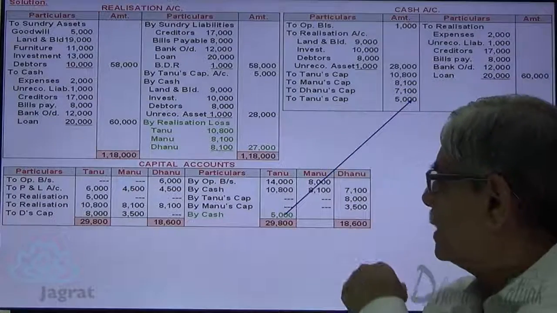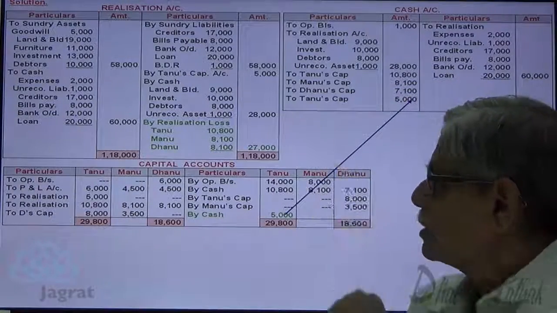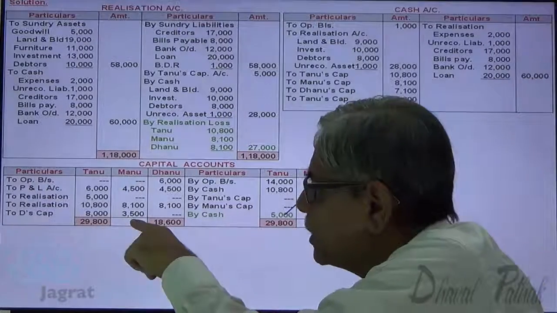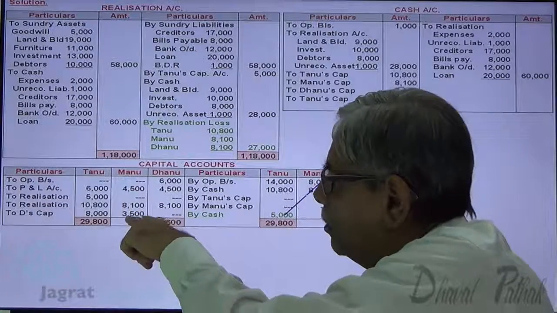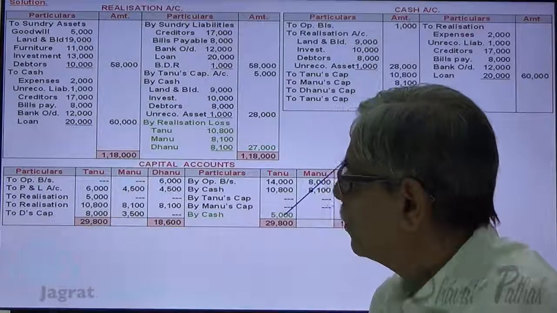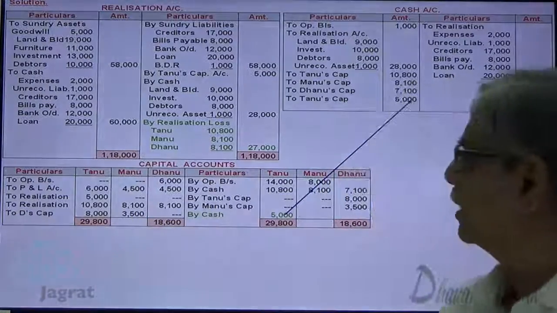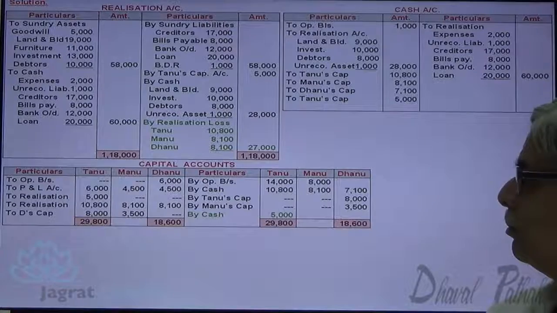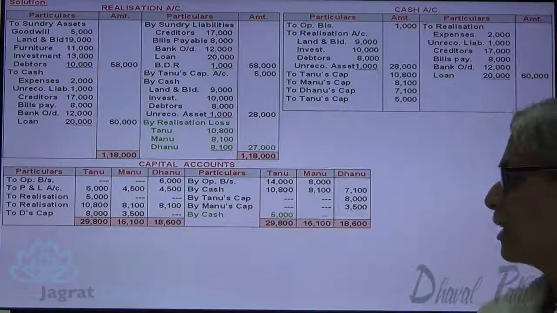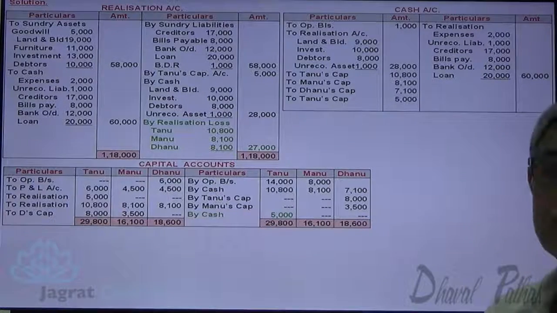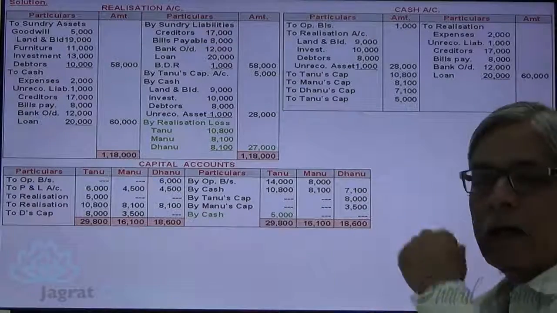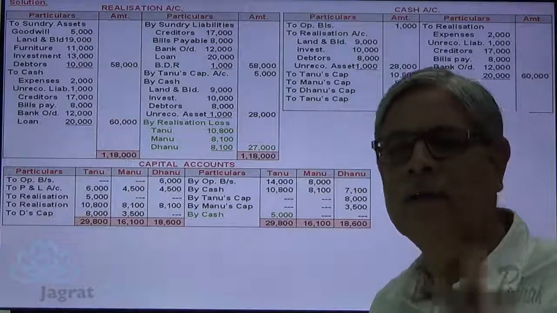Total of credit side is 16,100. And here also 16,100. So here the total is 16,100. Here also the total is 16,100. Capital account agrees.